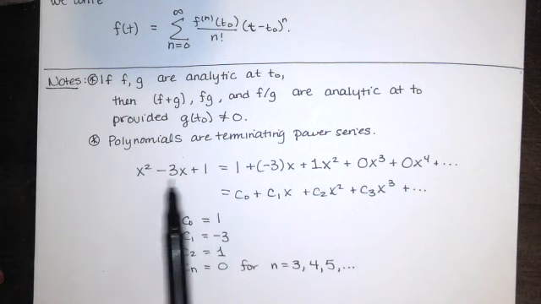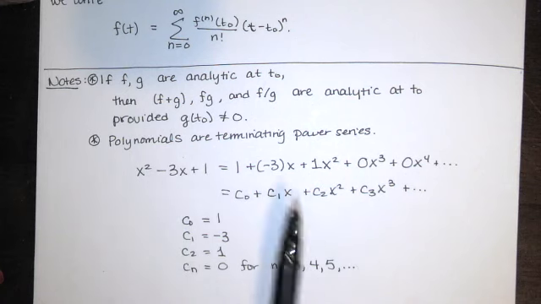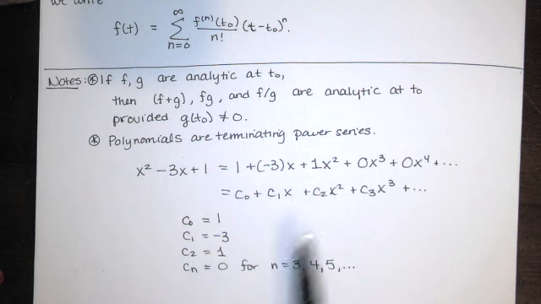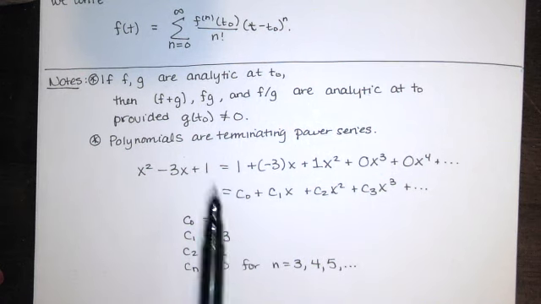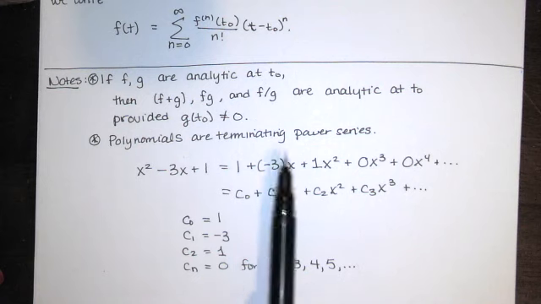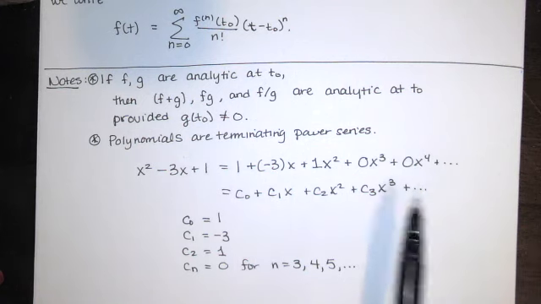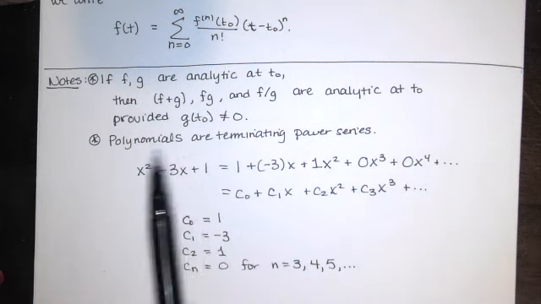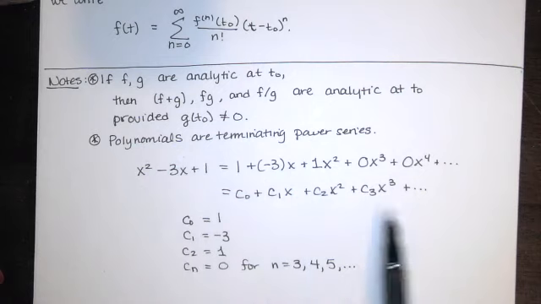But we could expand any polynomial about any point and come up with the appropriate coefficients over here. But if you have a polynomial, it will always be a terminating power series, and you can change that center x equals x naught or t equals t naught as you want to. Now, since it's a terminating power series, that means that the interval of convergence for this will definitely be all real numbers.